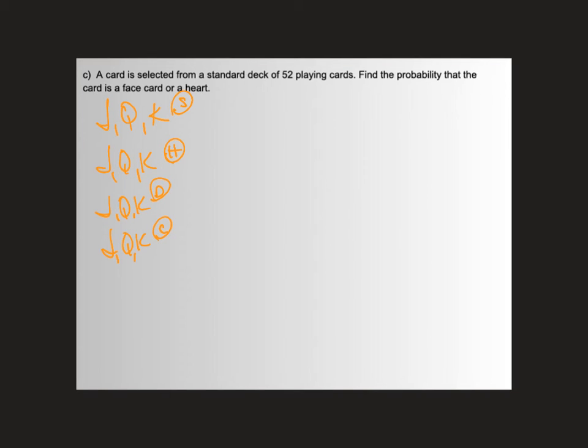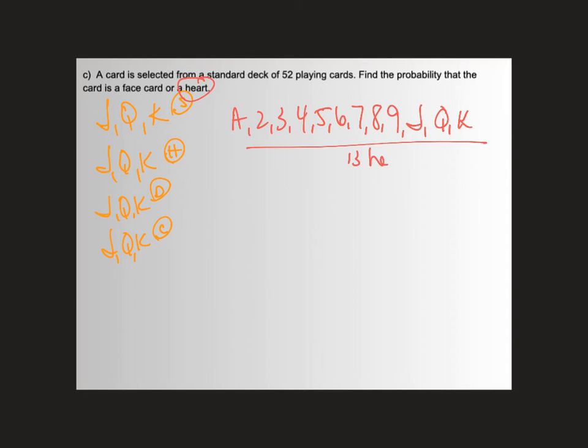And then your hearts, right? You have an ace, 2, 3, 4, 5, 6, 7, 8, 9, and then a Jack, Queen, King. Those are your 13 hearts. And if you look, the Jack, Queen, King of hearts I mentioned go with those 3 right there.